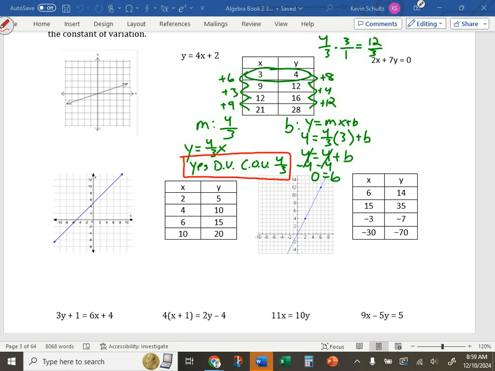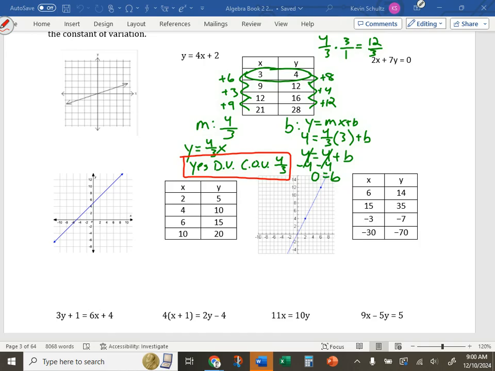Okay? Do you get what you're supposed to be doing? Is the constant just like the slope? The constant of variation is the slope when direct variation exists.